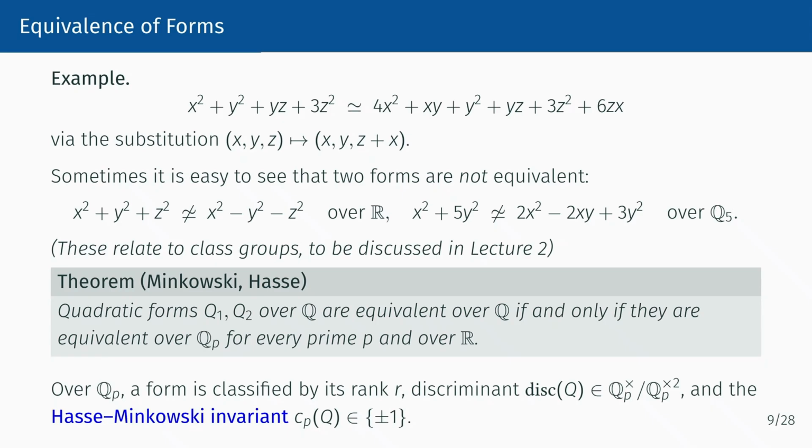Naturally, you'd need the rank and the determinant, but that's not enough. There's an additional invariant that we call the Hasse-Minkowski invariant, which is either plus or minus 1. So it's just one sign that tells you which class this form belongs to.